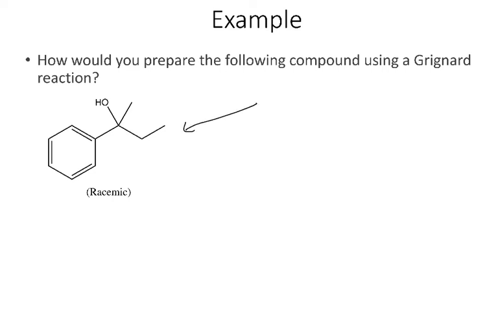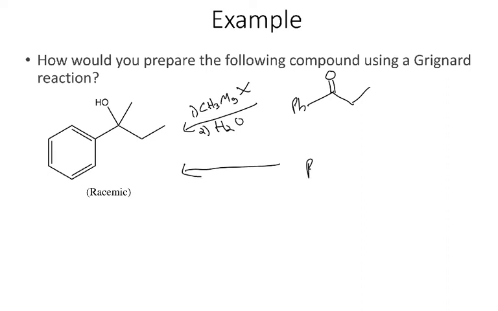So if we draw these 3 out, if I start, for example, with the ketone containing the phenyl group and the ethyl, then my Grignard reagent needs to provide the methyl group. So I'll have methyl, and then water. Or I could imagine my initial ketone providing the phenyl group and the methyl, in which case my Grignard reagent would need to provide the ethyl group.